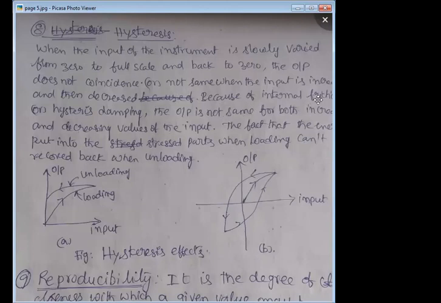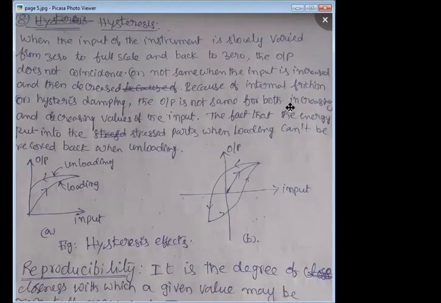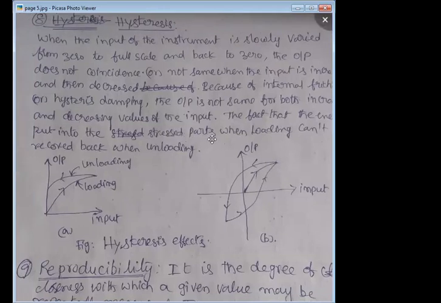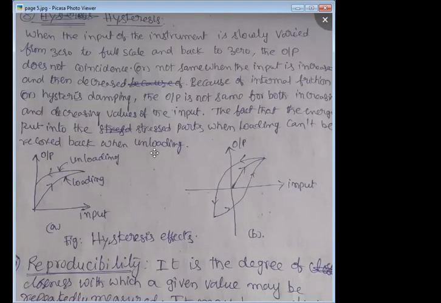It is because of internal friction and hysteresis damping that the output is not the same for both increasing and decreasing values of the instrument. The energy put into the stressed parts when loading cannot be recovered when unloading. This is the reason hysteresis is forming.